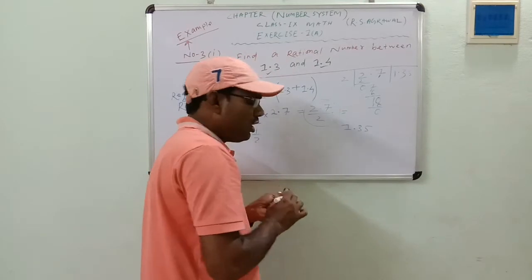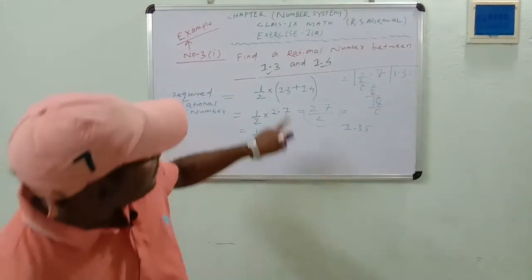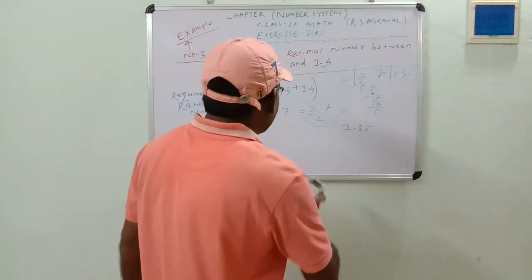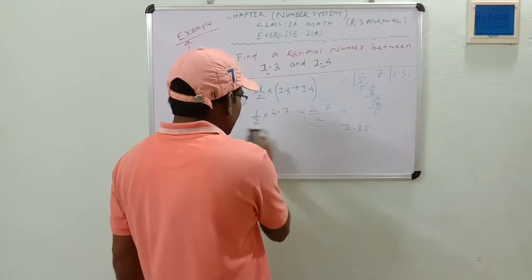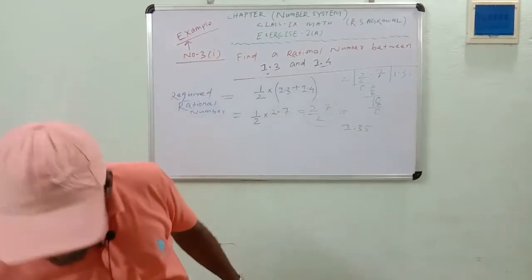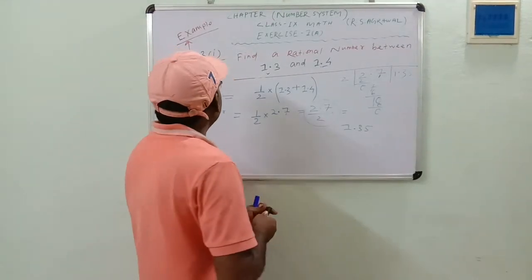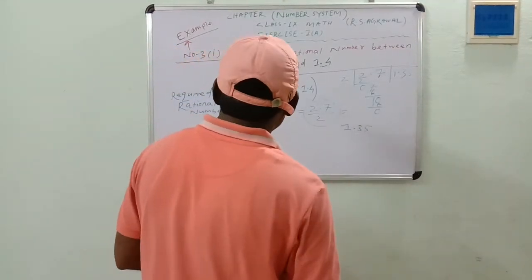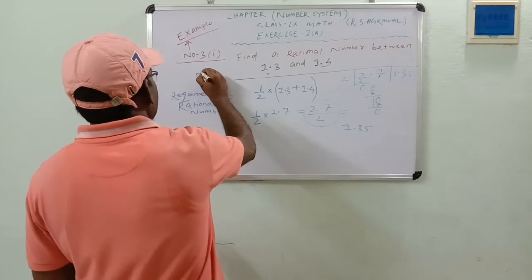So it is the rational number between the given rational numbers 1.3 and 1.4. It is the middlemost of these two rational numbers. So note it first.